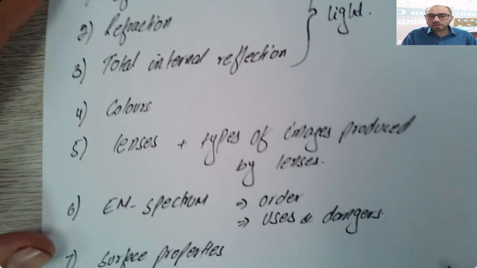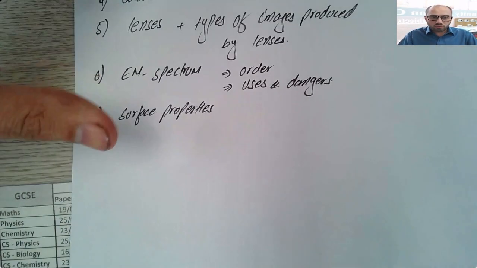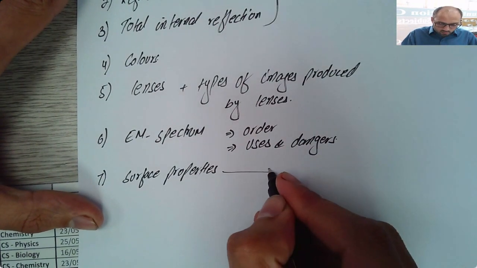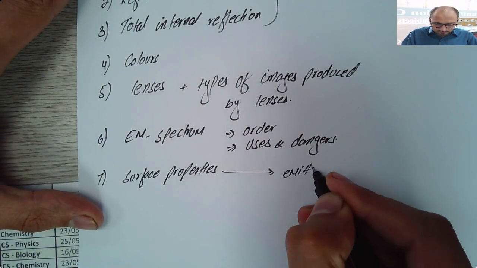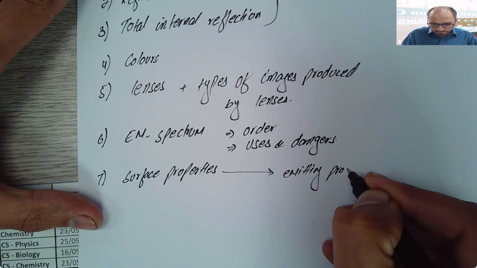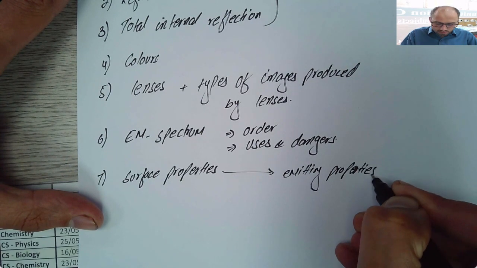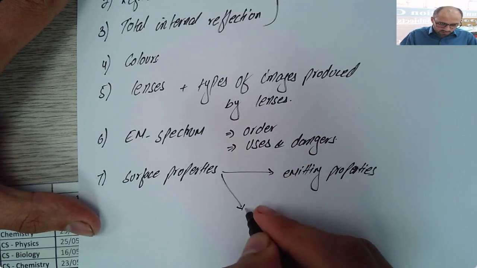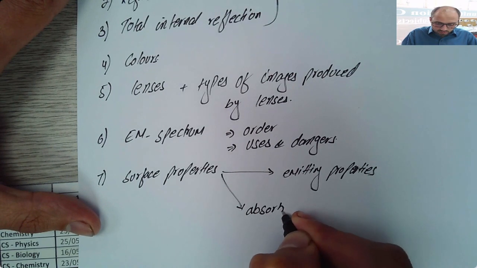When it comes to surface properties, you will need to know about two things. Number 1, their emitting properties, and the next one is their absorbing properties.